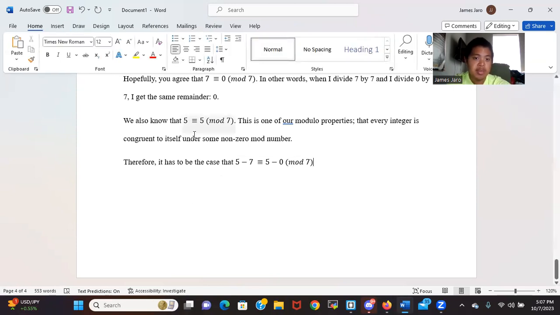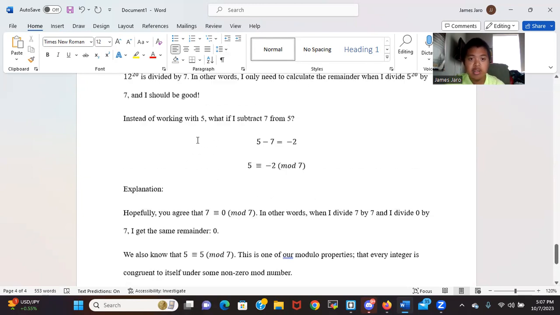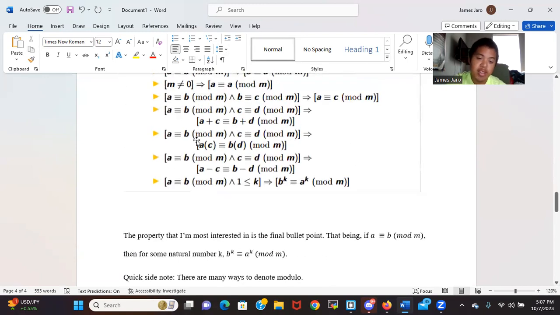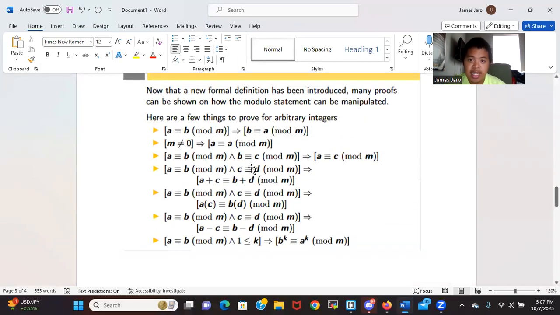What I'm doing is taking the left side of both congruences, 5 minus 7, and the right side of both congruences, 5 minus 0. I'm using another one of these properties: if A is congruent to B mod M and C is congruent to D mod M, then A minus C has to be congruent to B minus D mod M.